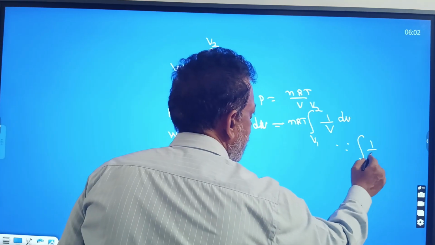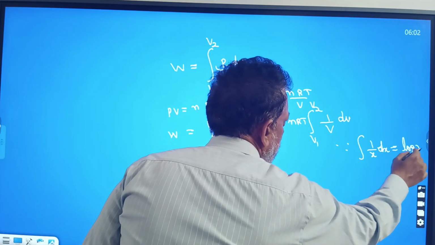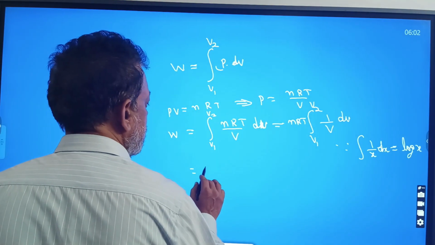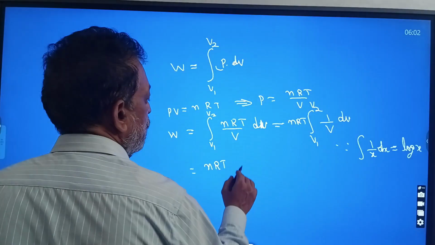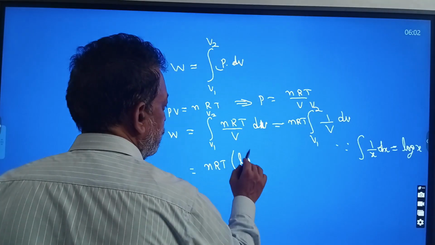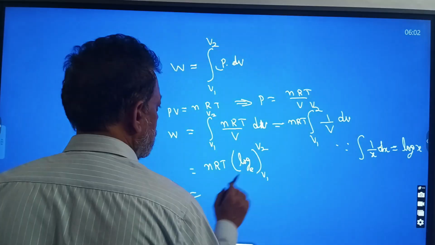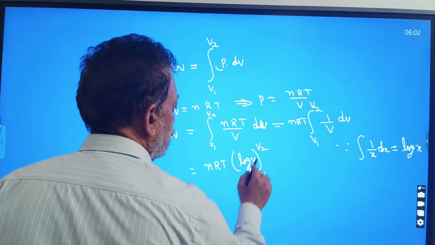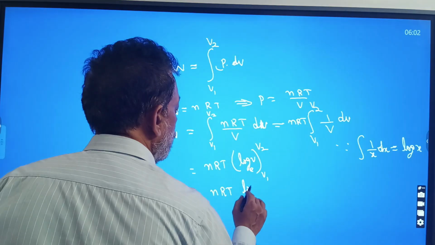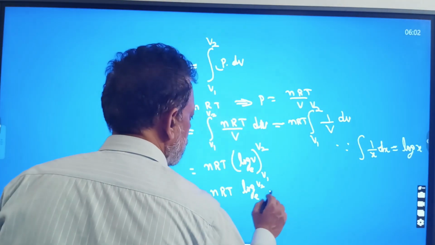The integral of 1 by x dx is equal to log x, with base e. So I will write nRT into log V, apply the limits, so nRT into log V2 minus log V1.